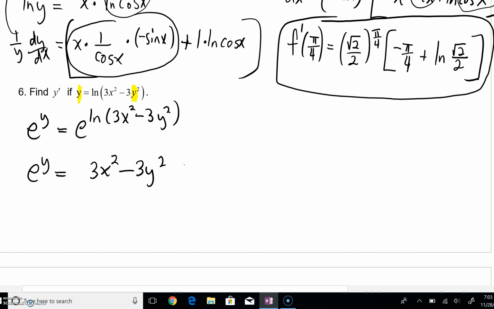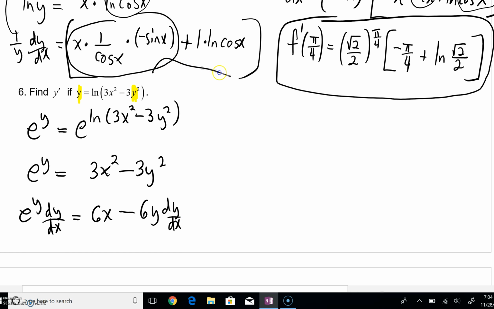The derivative of e to the y is e to the y, but we're taking this implicitly. So we'll have a dy over dx. The derivative of 3x squared, again with respect to x, would be a 6x. The derivative of this minus 3y squared would be a minus 6y, but we're going to need a dy dx.